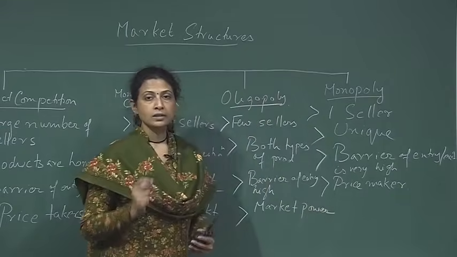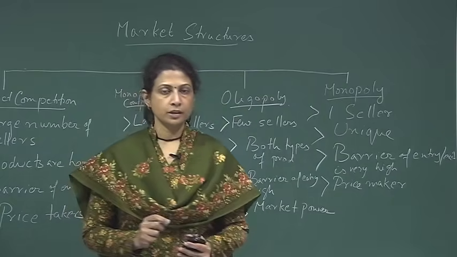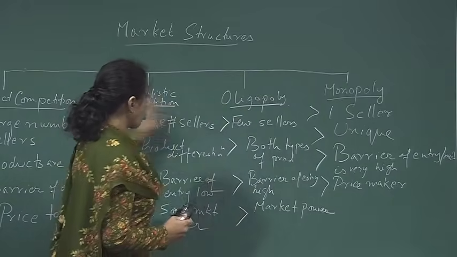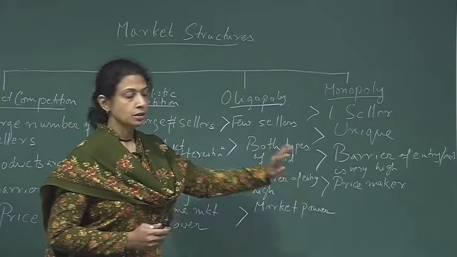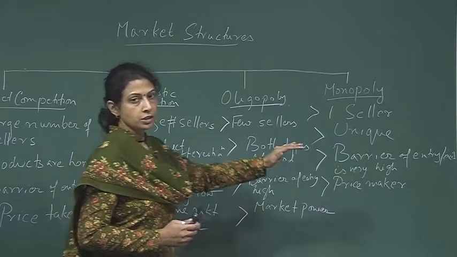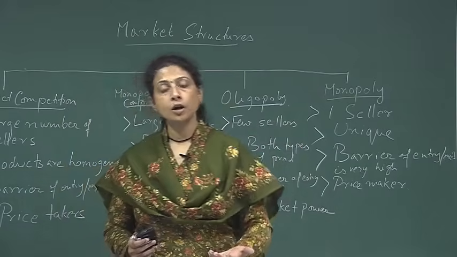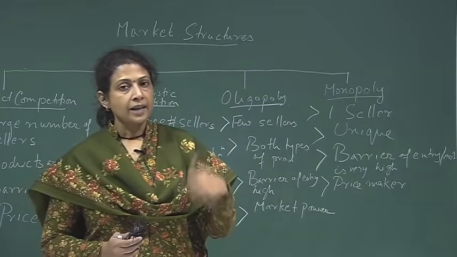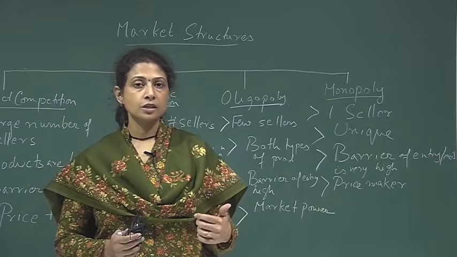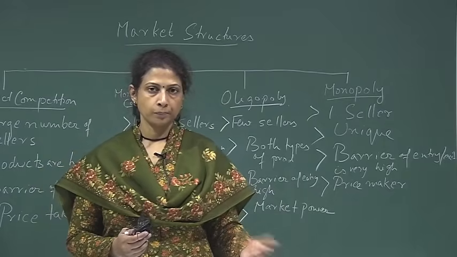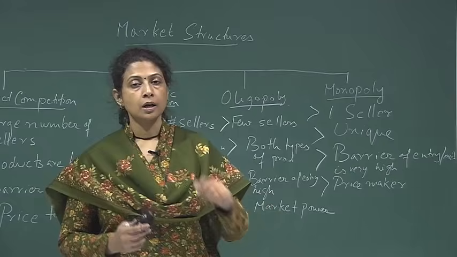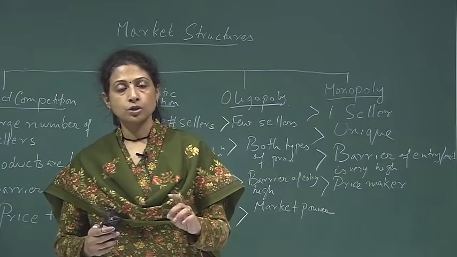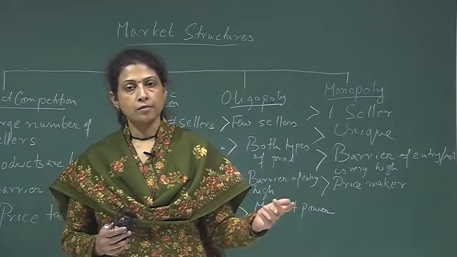But one interesting thing about oligopoly is that in all the other market structures, the firms decide how much output to produce and what prices to charge, and that is not dependent on what other firms are doing. In none of those market structures is the firm concerned about what its rivals are doing.